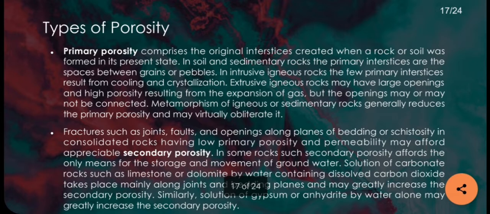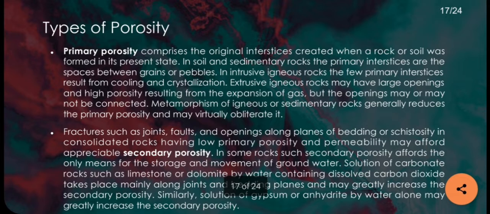Fractures such as joints, faults, and openings along planes of bedding or schistosity in consolidated rocks having low primary porosity and permeability may afford appreciable secondary porosity. In some rocks, secondary porosity affords the only means for the storage and movement of groundwater.